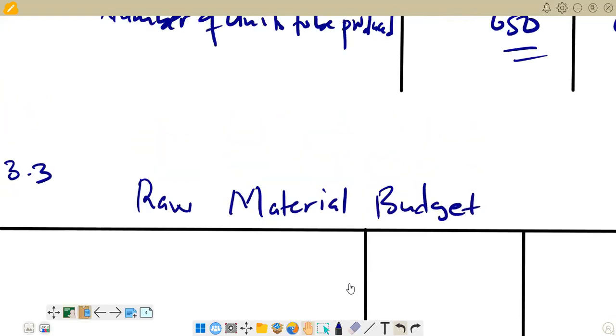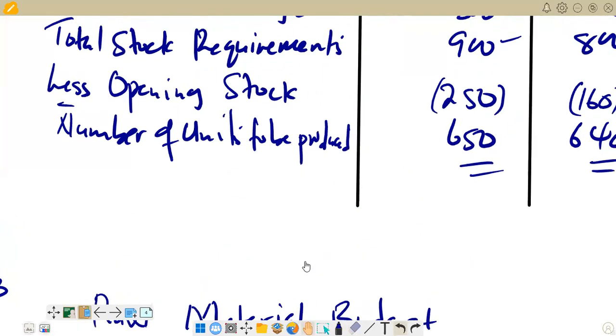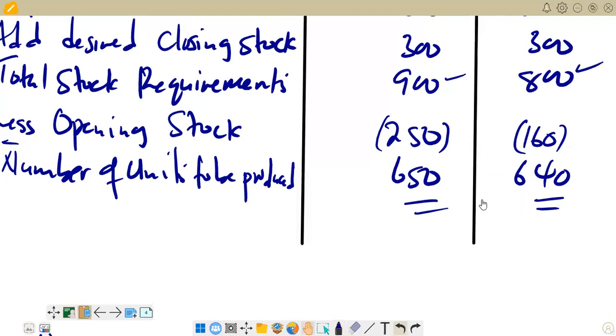So the figures that we got here, that is number of units to be produced, are very important. These are the figures that we are going to use in the raw materials budget. Again, they are going to be the opening figures that we are going to start with. If you look in the manufacturing overheads budget, we are also going to consider those figures.